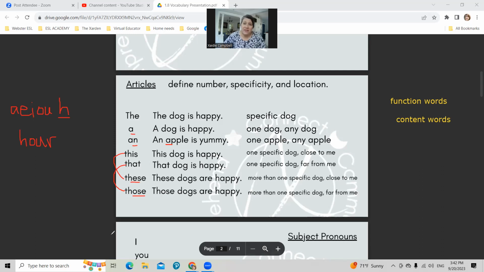Those, plural for that. It has to do with close or far away. So I might say, these potato chips, and those potato chips over there in the kitchen. These potato chips, those potato chips. Okay.